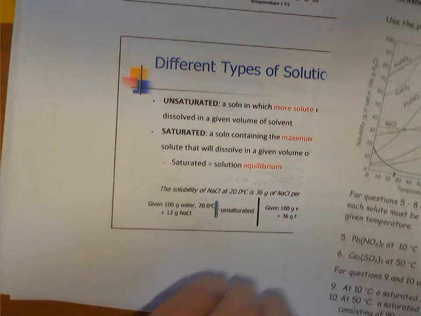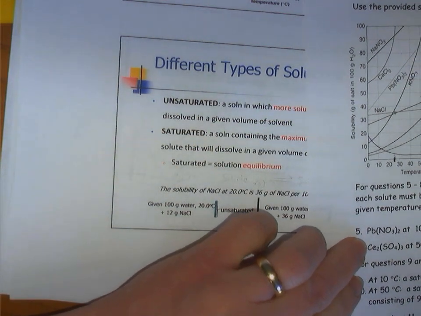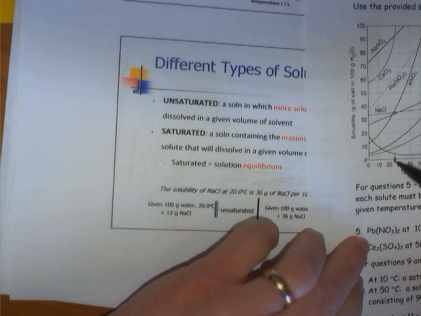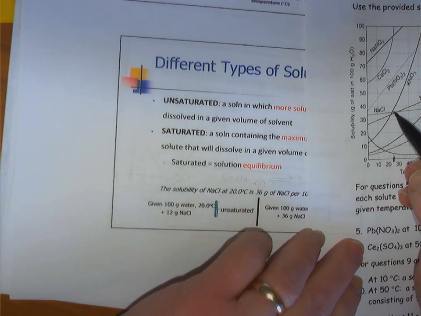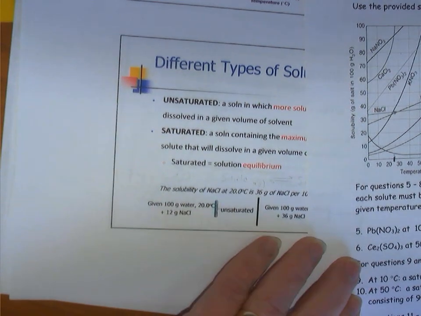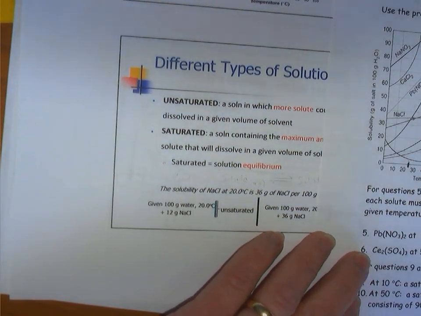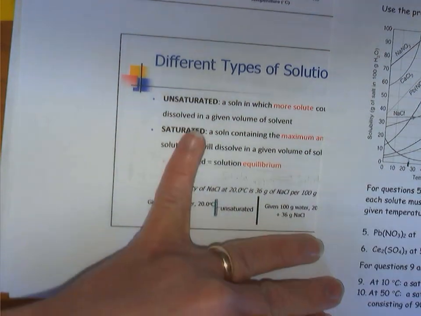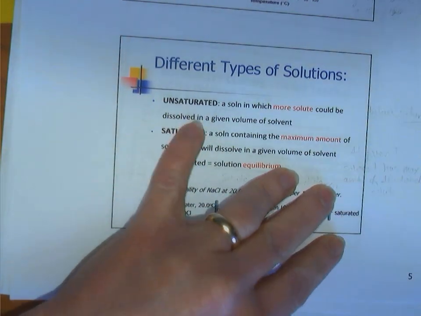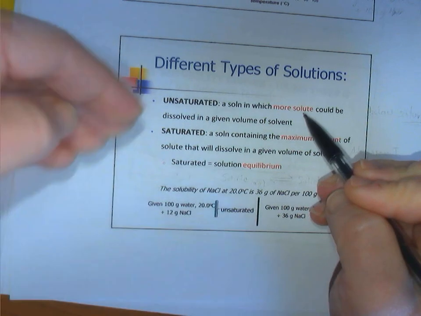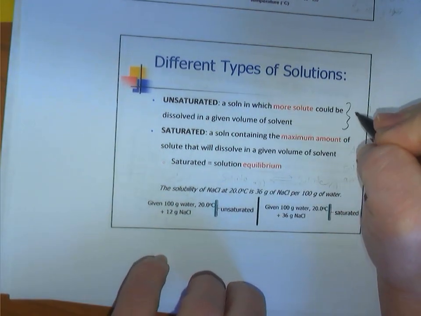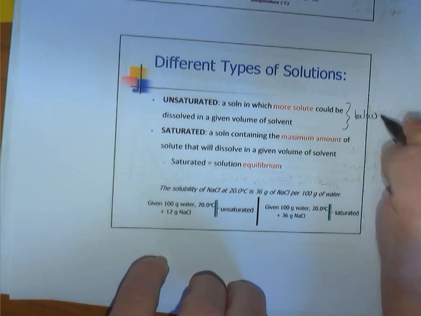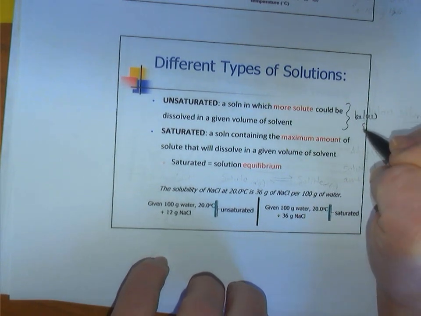So back to the sodium chloride at 25 Celsius, if we have dissolved the 35 grams, then it is saturated. If I'm below that, it is unsaturated. We can add more. It can hold more dissolved solute. So unsaturated is holding solute that is below what would be saturated.